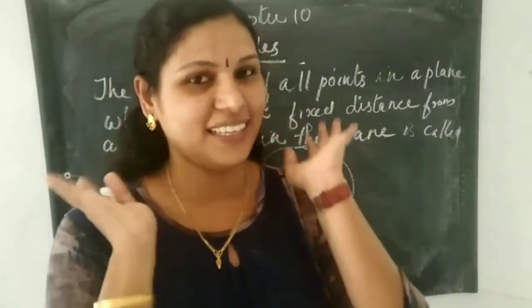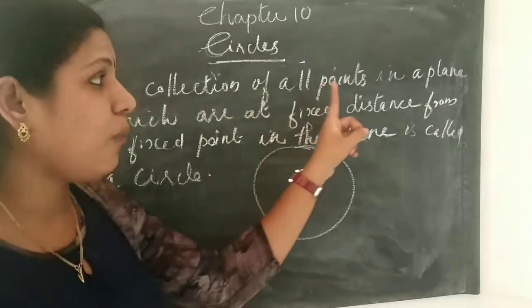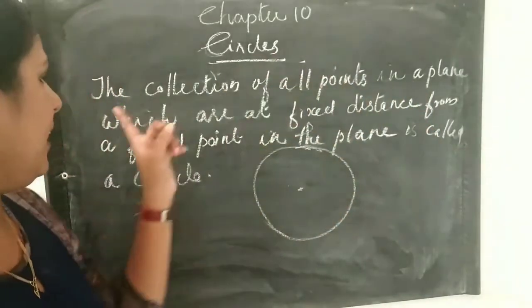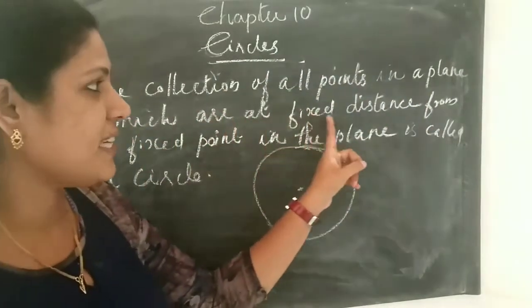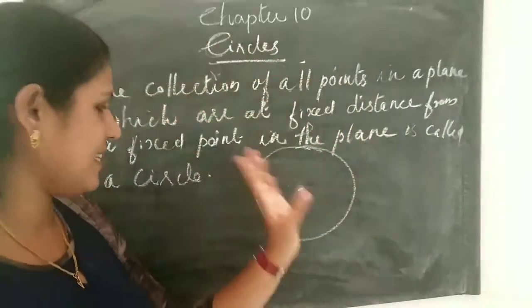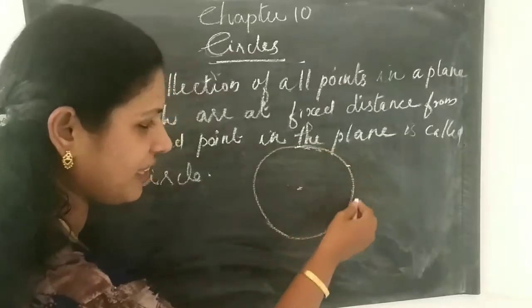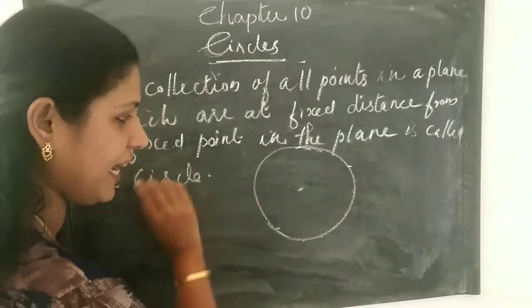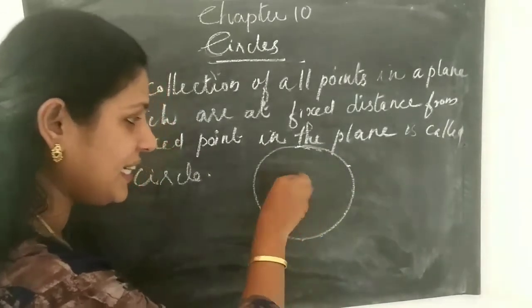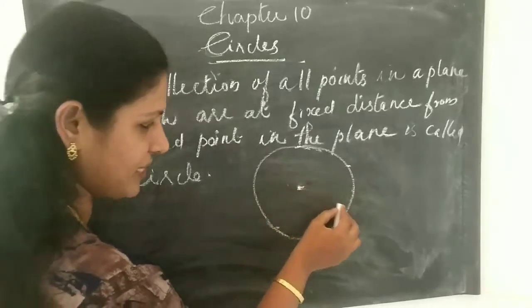What is a circle? See children, the collection of all points in a plane which are at a fixed distance from a fixed point in the plane is called a circle. The collection of all points in a plane which are at a fixed distance from a fixed point.